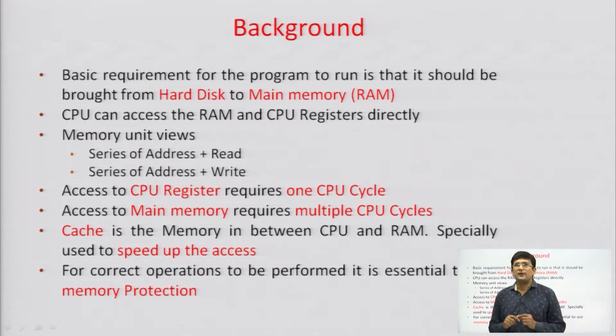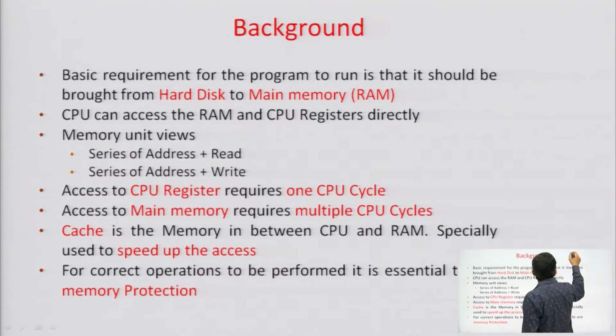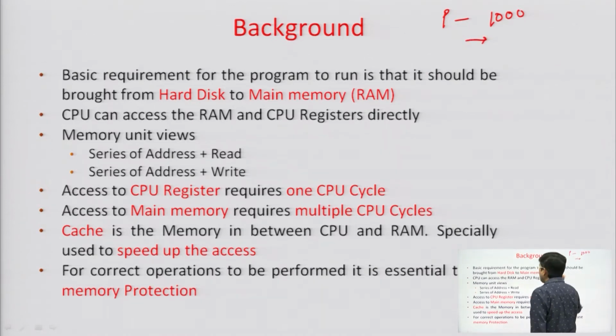Let us say there is a program and the program contains 1000 instructions. Out of the 1000 instructions, if I am executing the first instruction at the moment, it is very likely that the second instruction will be executed next. The third instruction will be executed after the execution of the second instruction. So, usually the instruction execution is sequential.